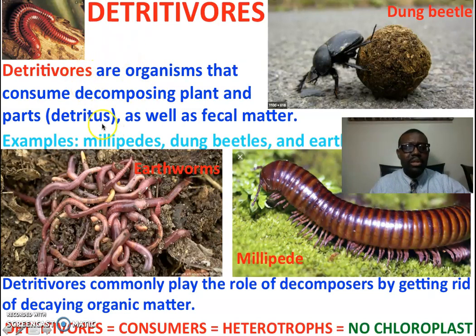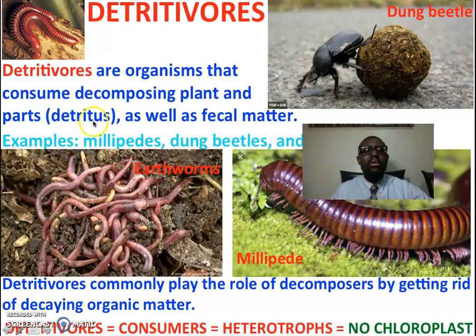The next example is detritivores. That's the last example. Detritivores are organisms that consume decomposing plants as well as fecal matter. Examples here are millipedes, dung beetles, and earthworms. These are detritivores. They feed on decomposing plants and other parts, and also fecal matter.